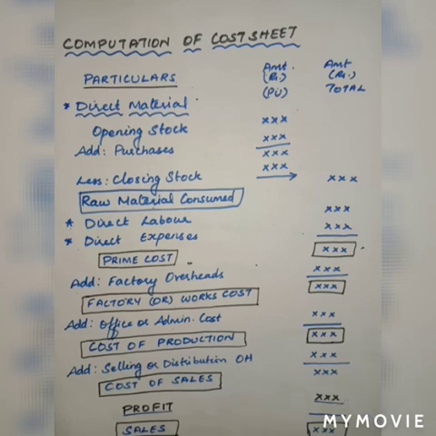And likewise, if you go for large scale production, you can reduce your selling price and sell it in greater volumes. That also will give you higher returns. So by reducing cost, you can increase your profit. And likewise, per unit cost can also be determined using cost sheet. These are the benefits of cost sheet.